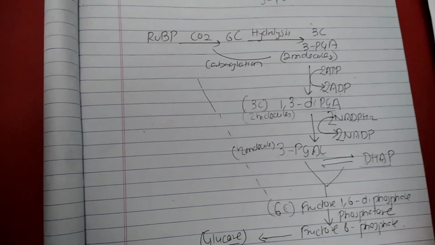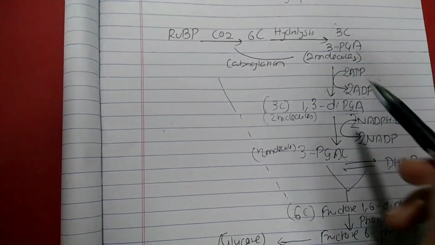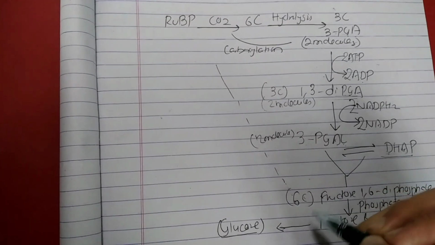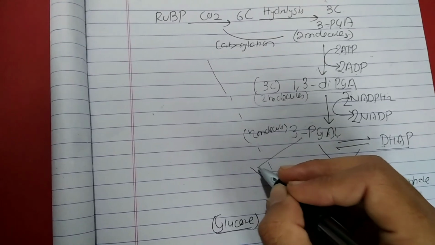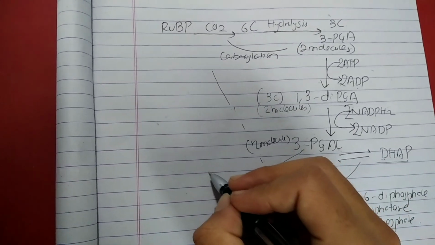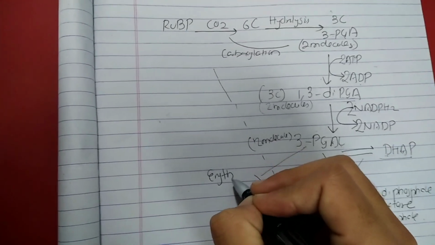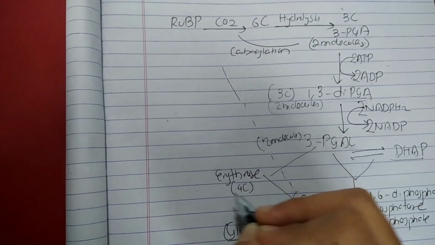Since this is a cycle, the Calvin cycle, half of the portion is completed up to here. To complete the cycle, fructose and phosphoglyceraldehyde will combine to give you erythrose, which is a 4 carbon compound.